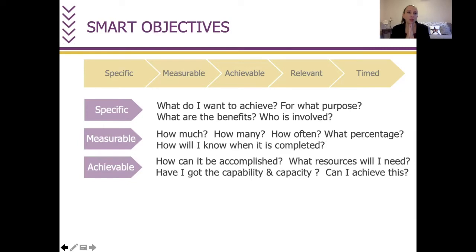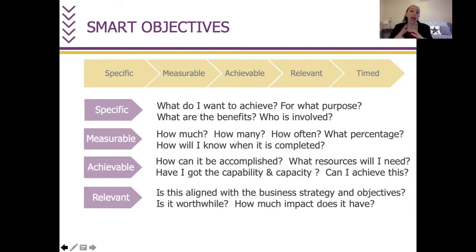What resources will I need? And this is a very good question. Have I got the capability and capacity to do that? And when we say capability, we also mean maybe I haven't got it right now, but maybe by doing something, I can actually develop the capability to be able to do it.